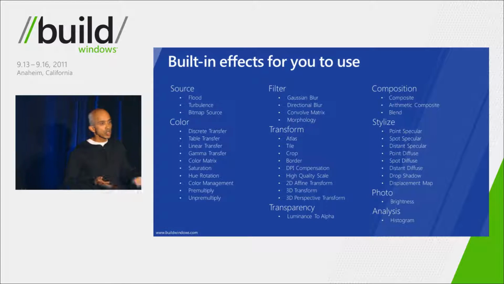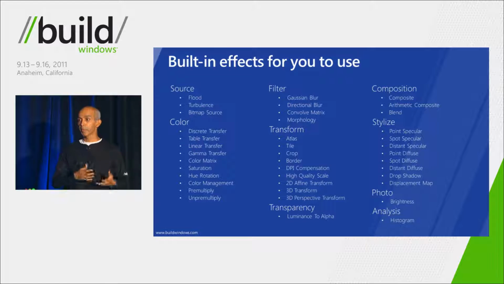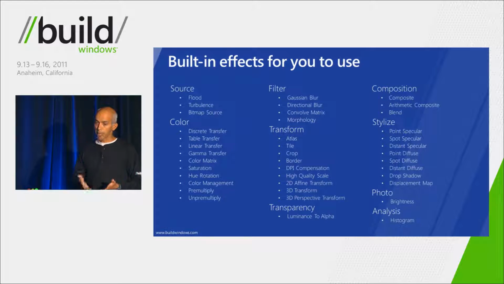To help you take advantage of this foundation, we are including 40 new built-in effects for you to use in your applications. There are several categories of them. The source effects provide a way for you to get a concrete bitmap into your effect. The one in particular that you would use a lot is the bitmap source effect, which is used for taking a bitmap stream that is decoded by WIC and getting it into the image processing pipeline.